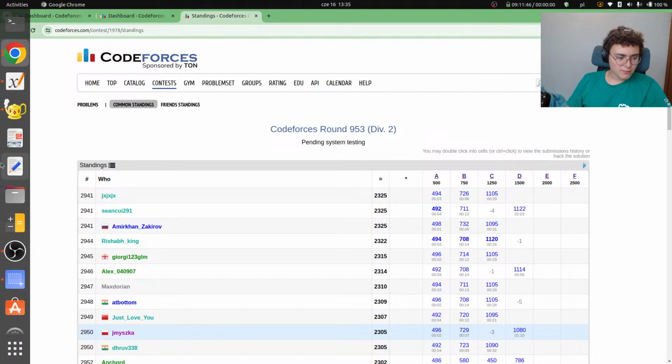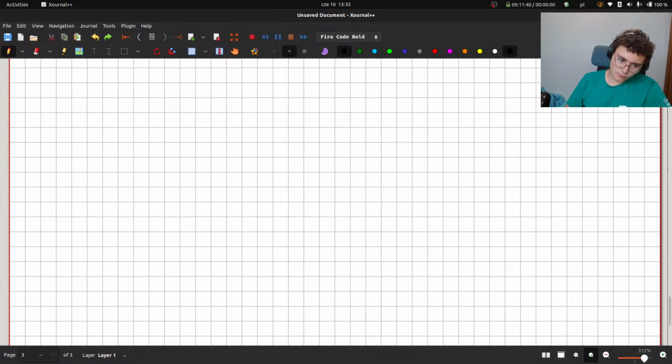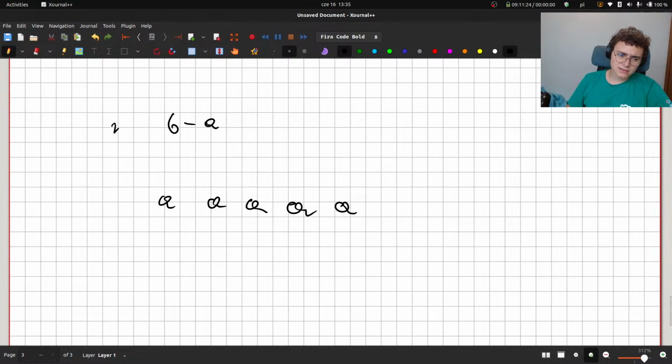Well, why minimum of n and b minus I? Because of course you can swap at most n values for those promoted values, right? So that's because we are minimizing with n. And we have b minus I. Well, it's not actually b minus I, it's maximum of b minus I and 0.